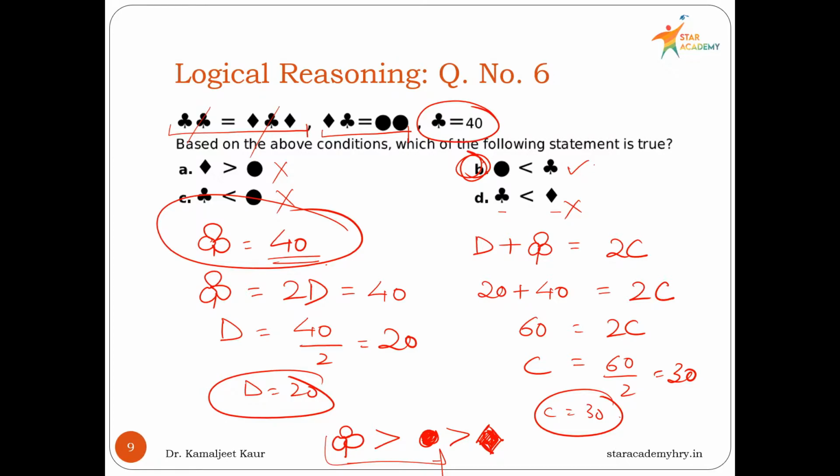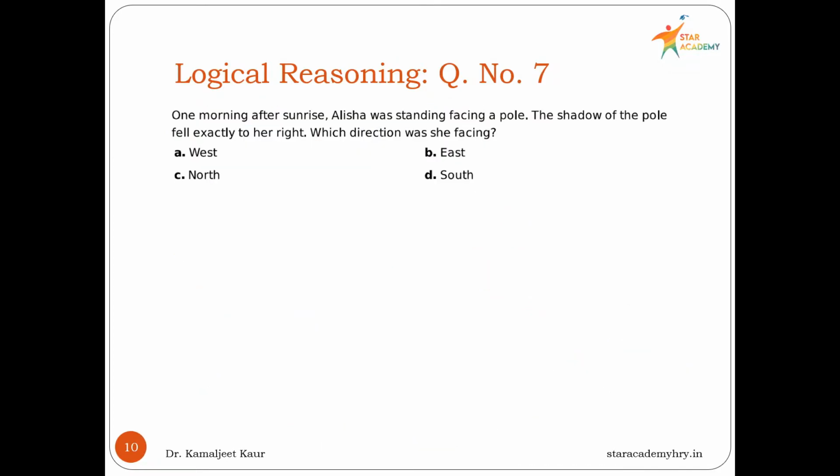So moving to the next. Question number 7. One morning after sunrise, Alicia was standing facing a pole. The shadow of the pole fell exactly to her right. Which direction was she facing?